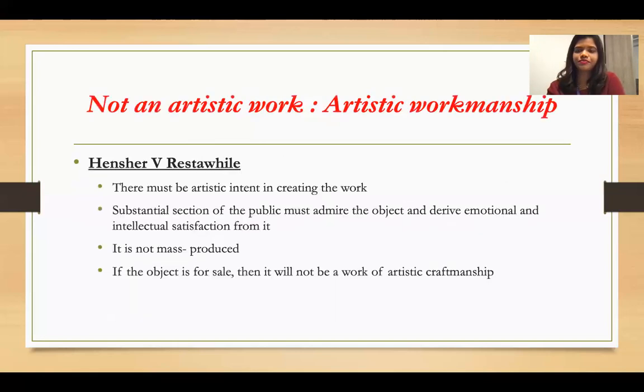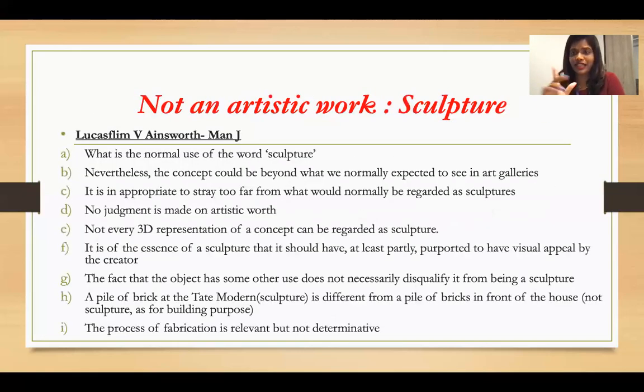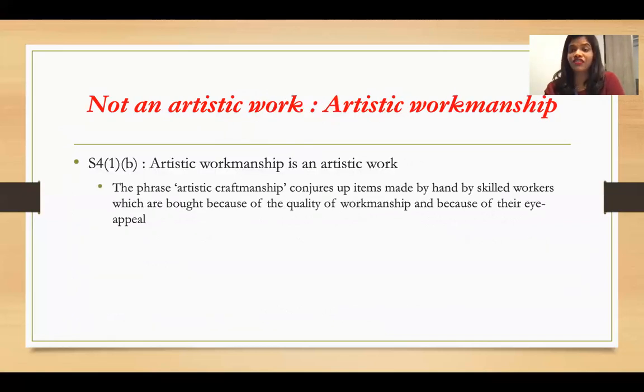Okay, so however, this is what the courts often look at. The first thing the courts look at is whether it falls under sculpture or not. If it falls under sculpture, you will have to show this. Okay, these guidelines that have been given by Manjay here show whether this has functionality, whether it's a sculpture or not. And then the next thing, if it's not a sculpture, then you have to show it is an artistic workmanship.